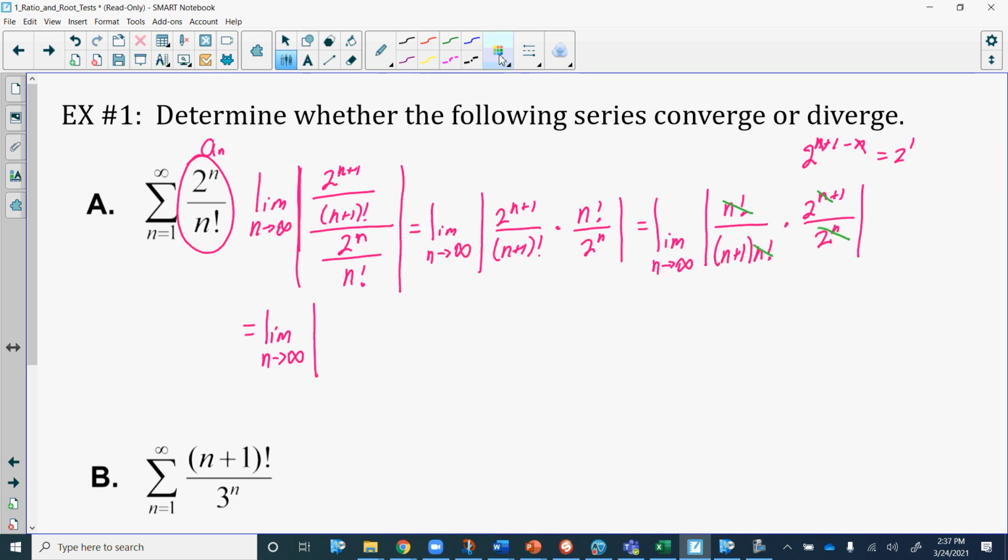I'm going to have 2 over, and I still have an n plus 1 in the denominator. So we've simplified everything inside of the absolute value that we possibly can. Now we can just look at the expression and say what the limit is going to be. In the denominator is the only place where n exists. As n gets incredibly large in the denominator, a constant divided by an inexpressibly large number has a limit of 0. So the limit in this case is going to be 0.